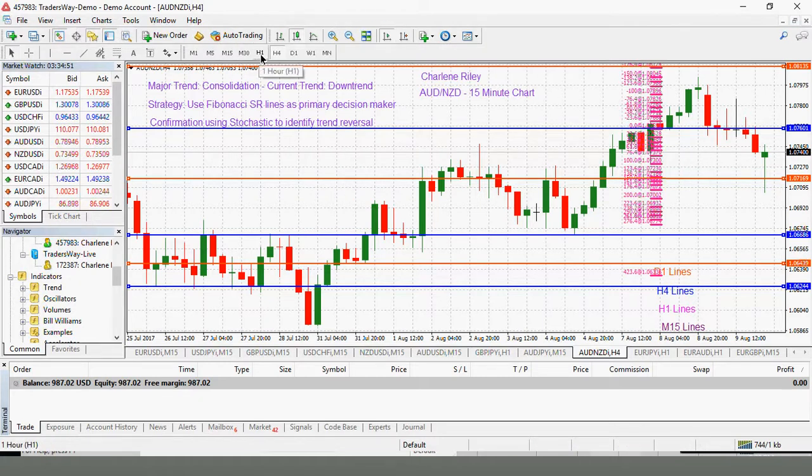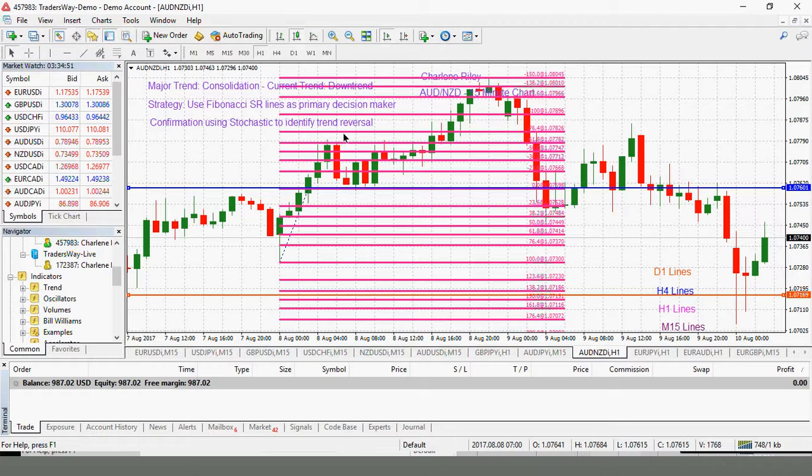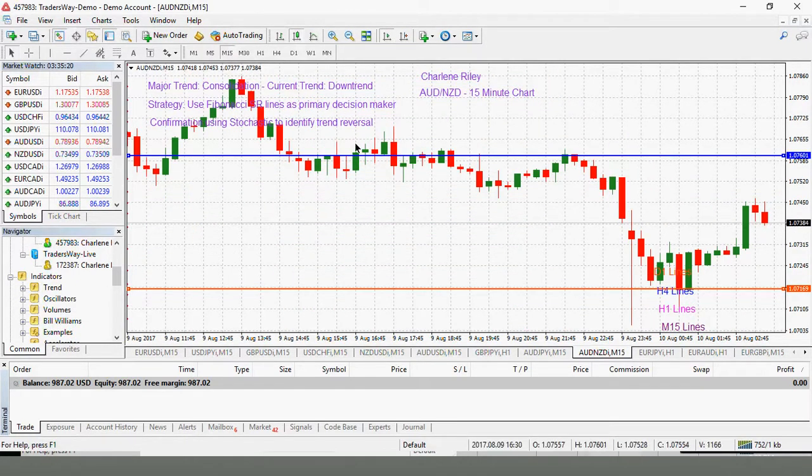And now look at my 1 hour chart, and we see that the market has been in a downtrend, but now has reversed and is moving upwards, going into an uptrend in the last couple of hours. And so now we get to the 15-minute chart.